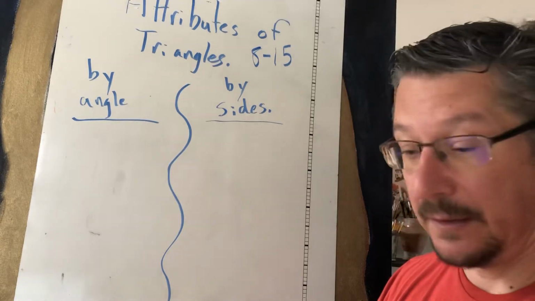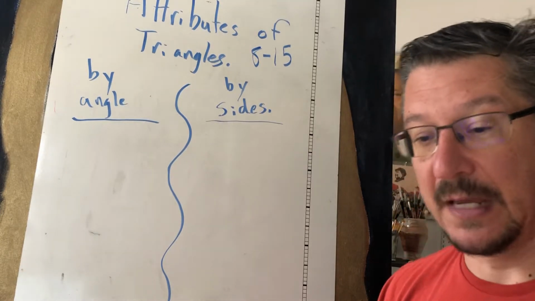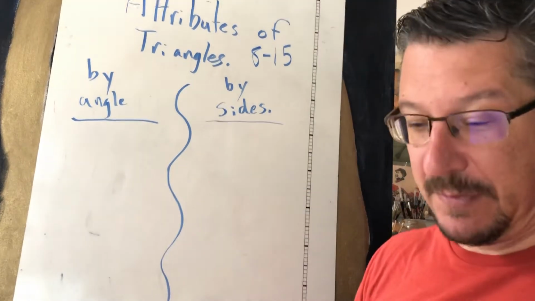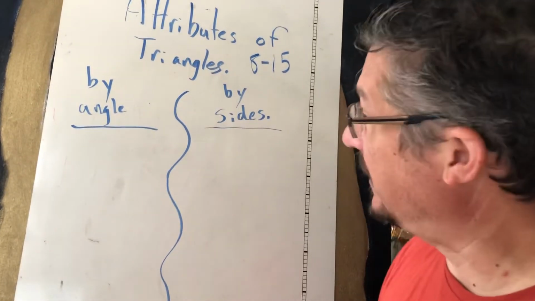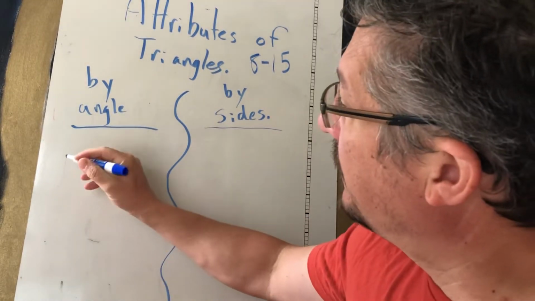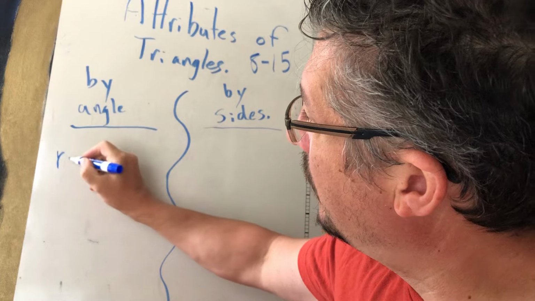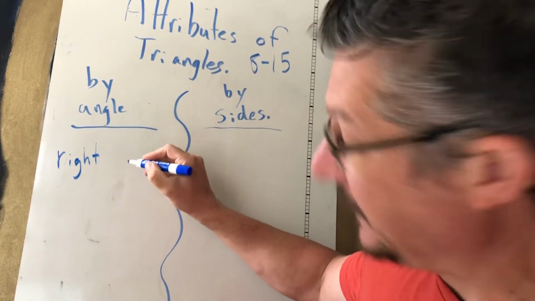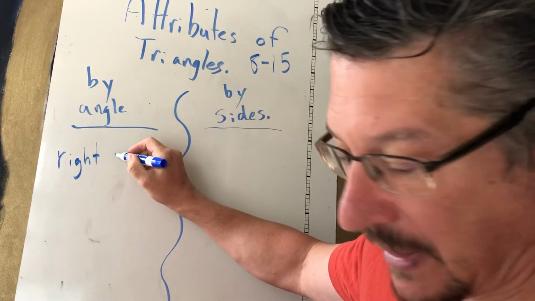So by angle, we have three types of triangles. And just use the book so I make sure I don't miss anything. Let's start with a right angle, or a right triangle.